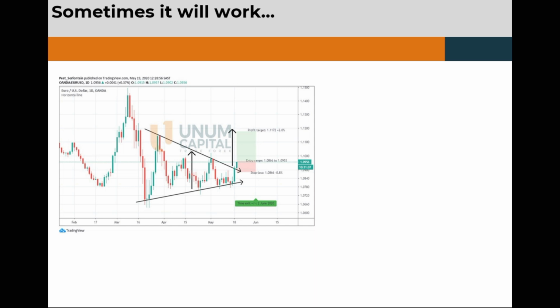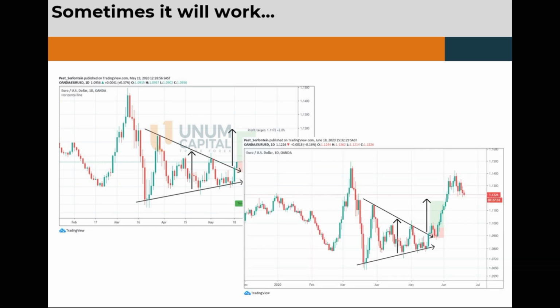Now, this analysis was on the euro-dollar, and we published this trade idea more or less around the 19th of May 2020. So what happened subsequently? We reached our profit target, and even the price action extended beyond where we said it might be going. We said initially it's going to target 1.1172, and it came close to reaching 1.14.